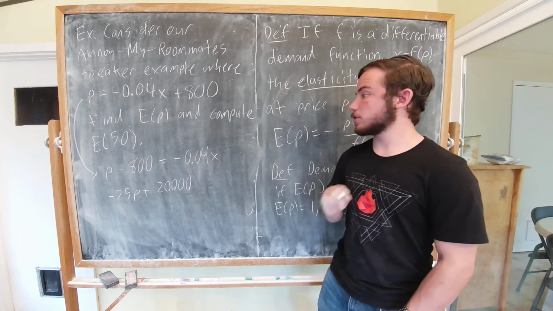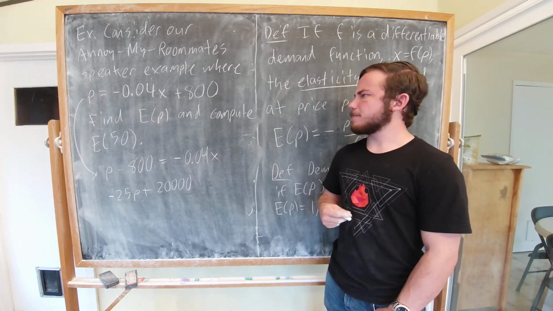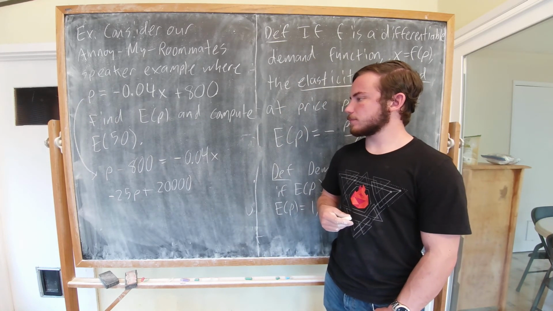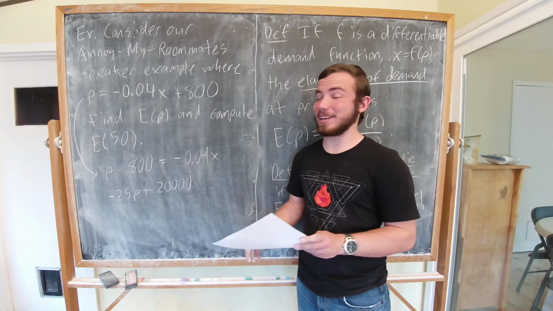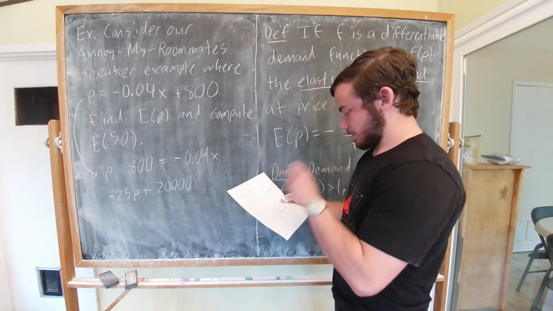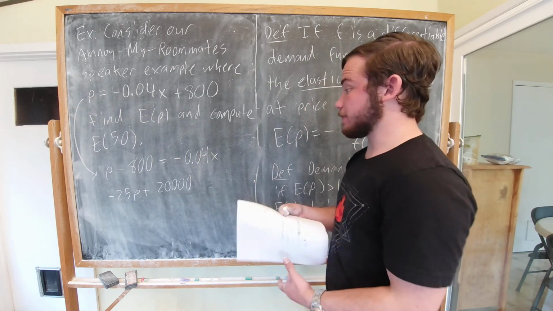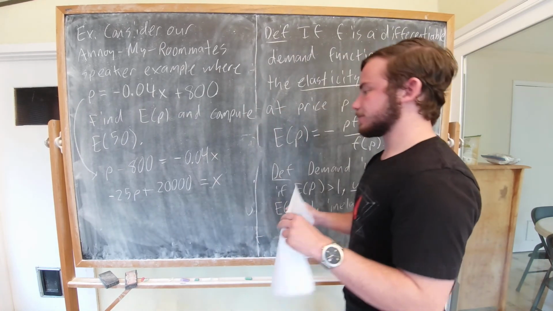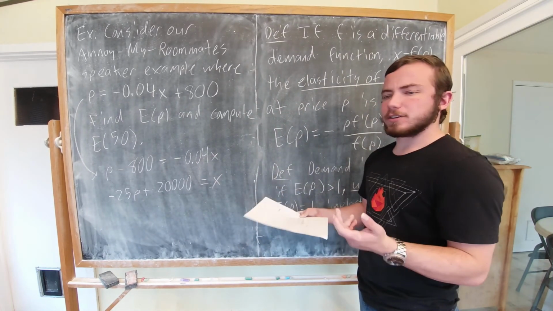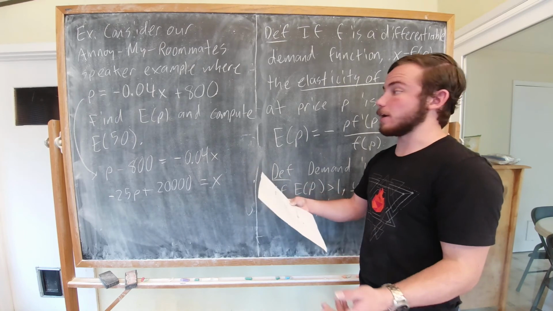Yes. Great. Okay. Yes, it is 20,000. Goodness gracious, I'm getting old. Okay, so we have negative 25p plus 20,000 is equal to x.